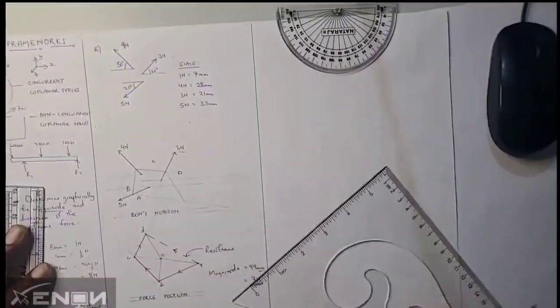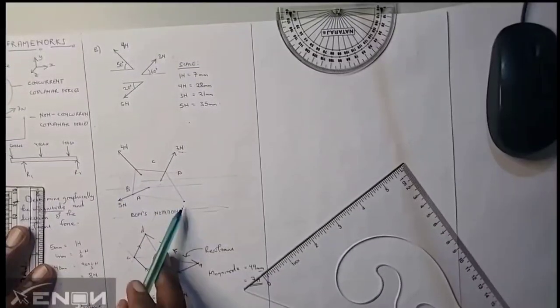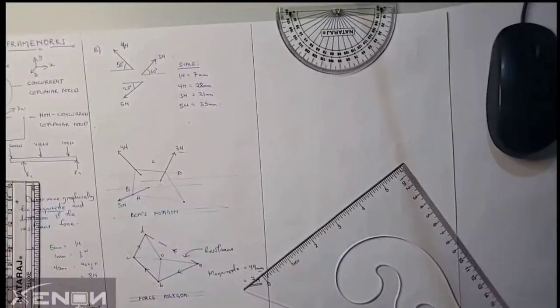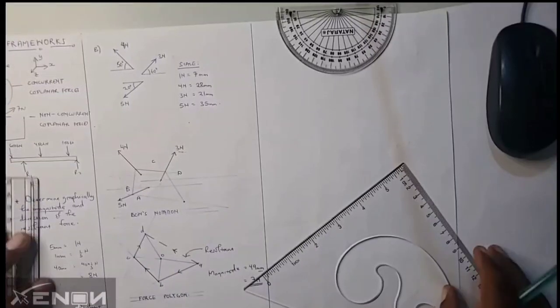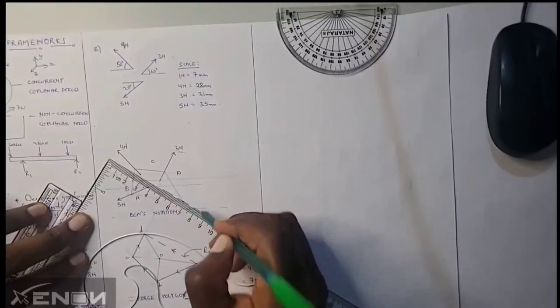So once I do that, realize that AO and DO are meeting somewhere. And this point where they meet, that's where the line of action of the resultant passes. So I simply slide this resultant and put it at that point. So I can be certain that the position of the resultant relative to the forces here is that position.